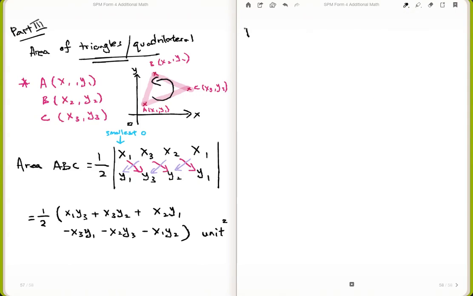Now, part 4, last part of this video. I'll try to make my video as short as possible, but it will still be within 30 to 45 minutes. Part 4 will be gradient. Gradient and forming equation.